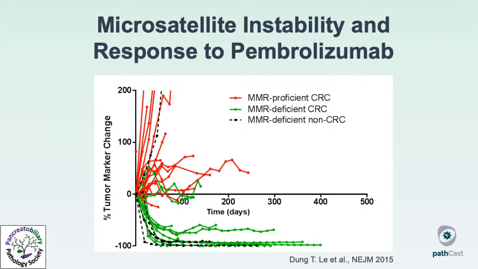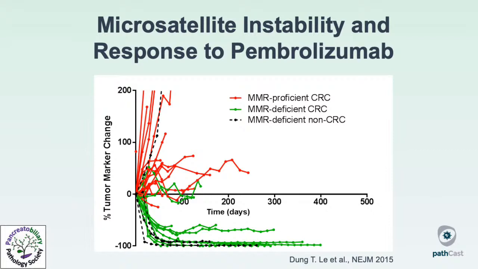And so, although medullary carcinomas are uncommon, this association with microsatellite instability suggests that they would respond really well to immune checkpoint blockade. So it's important to clinically acknowledge this group so that they can get the appropriate immunotherapy.